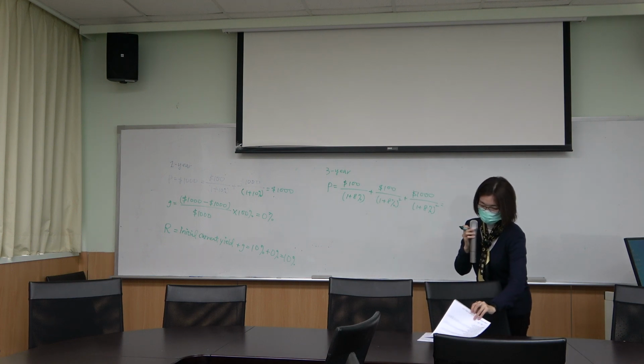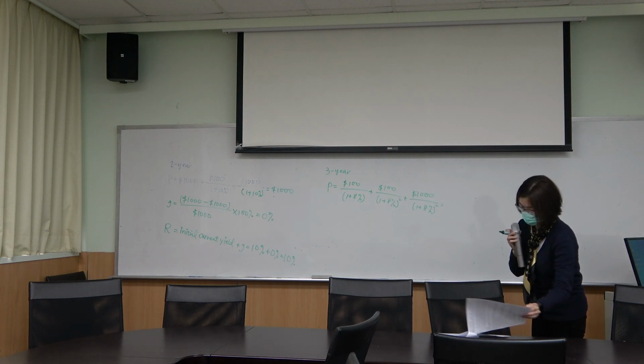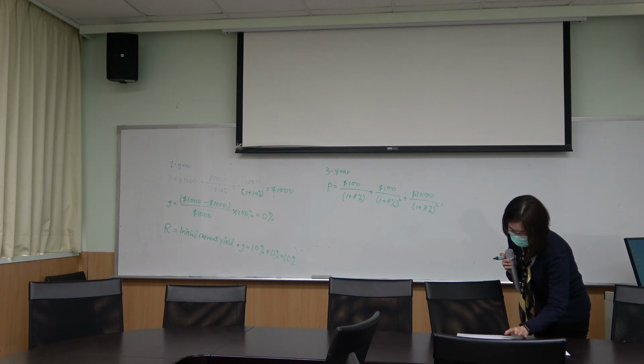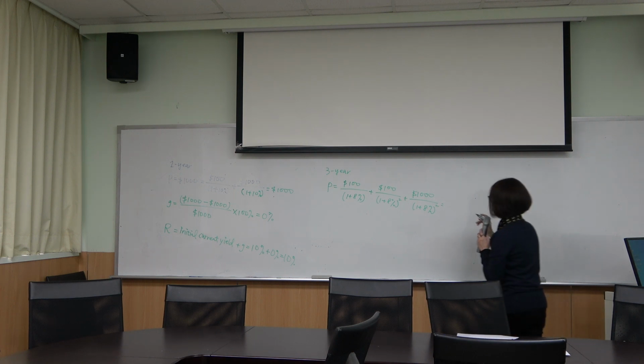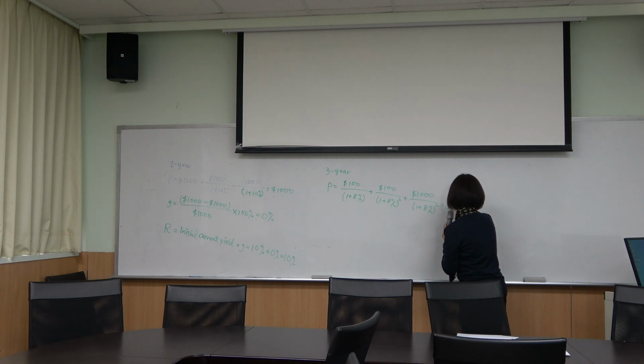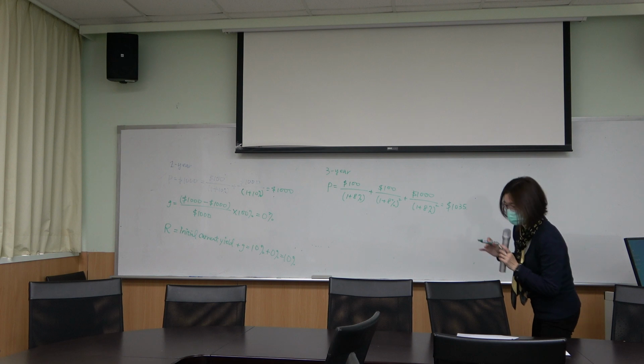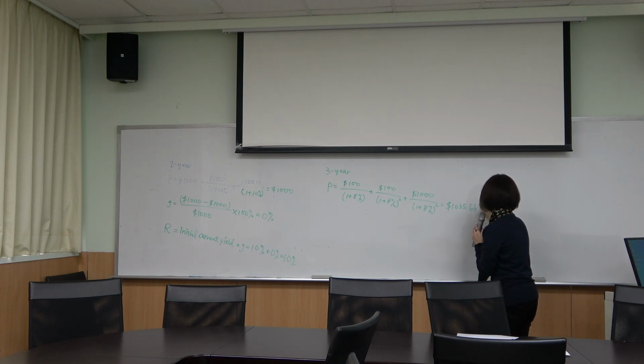And then the price for the 3 year bond is $1,035.665.